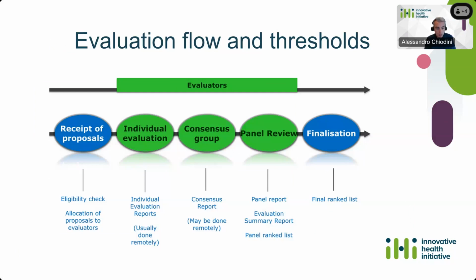We run the evaluation through individual evaluation and the consensus group, using a group of experts. At the end, we prepare a package with the outcome letters that goes to all applicants whose proposals were deemed admissible and eligible.